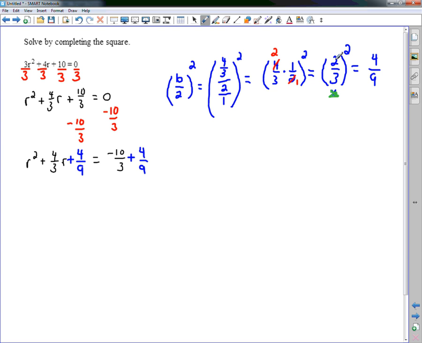That's going to tell us the number we need. 2 thirds is the number: 2 thirds times 2 thirds will give us 4 over 9, and 2 thirds plus 2 thirds will give us 4 thirds. So that's the number, and it was positive, that I'm going to use to factor. So that makes it easy if you remember that b over 2.